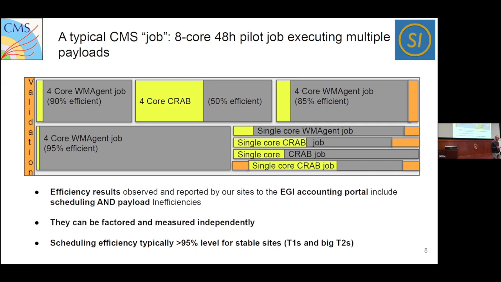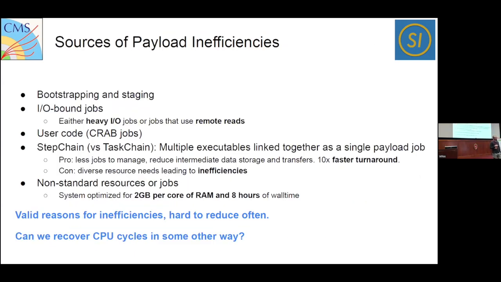Most of the inefficiencies come instead from the payloads themselves, and there are different reasons why a payload might be inefficient. I would say the biggest one is step chain versus multi-chain.